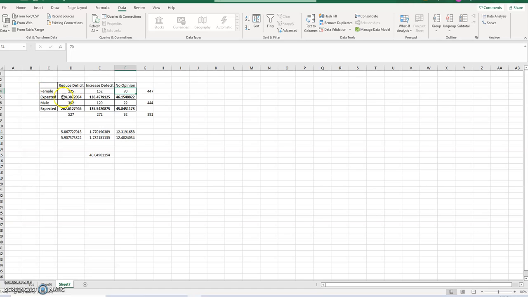So the expected value here, and this is explained in the book, is the product of the first row total, which is in G4, times the first column total, which is in D8, and then you divide by the total number of observations. So row 1 times column 1 divided by 891 says, based on the data here, we should expect about 264 females would want to reduce the deficit, right?